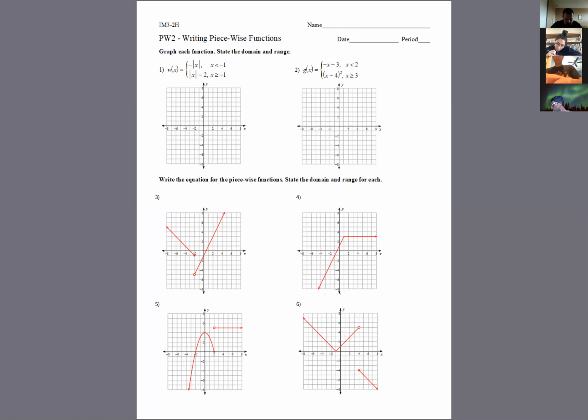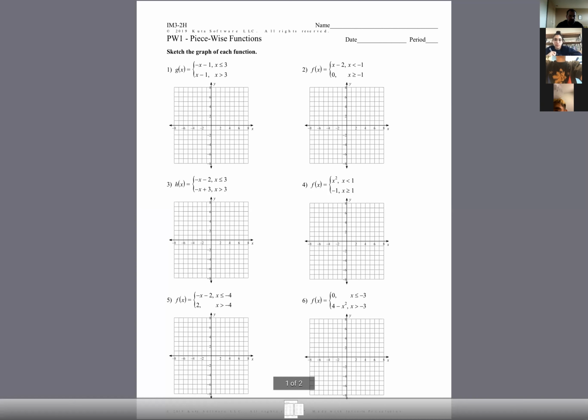Piecewise 2 isn't due until Wednesday morning, so I'm going to focus on piecewise 1 now. If you have questions. Mr. Morrison? Yeah. So for piecewise 1 and piecewise 2, are those both due tomorrow, or are they due on separate days? Only piecewise 1 is due tomorrow, then piecewise 2 is due Wednesday morning. Okay, thank you. For both of them, you're doing the odds.